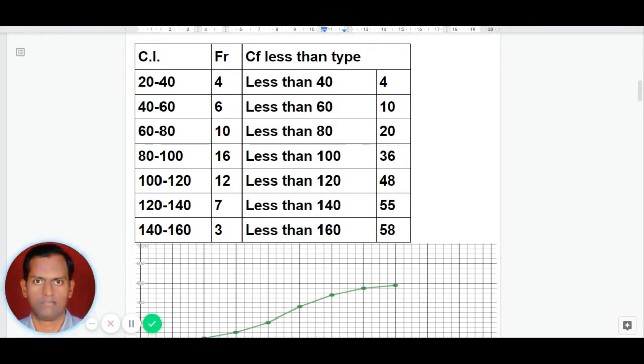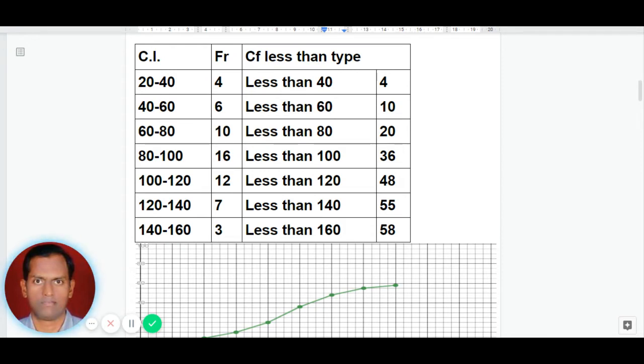That means on x-axis we have to represent 40, 60, 80, 100, 120, 140 and 160. On y-axis we have to represent correspondingly 4, 10, 20, 36, 48, 55, 58.